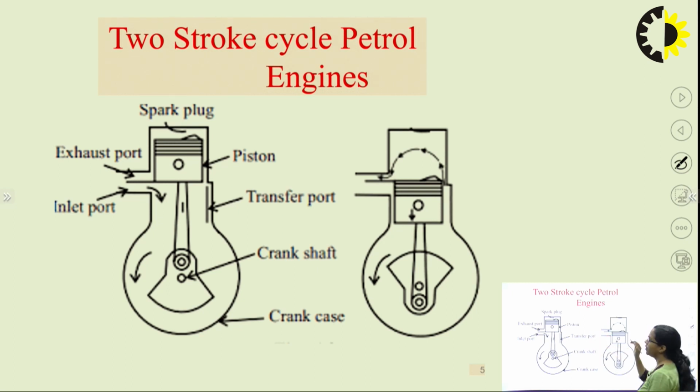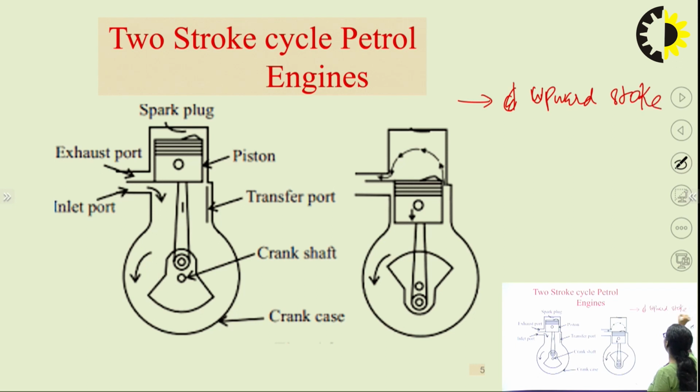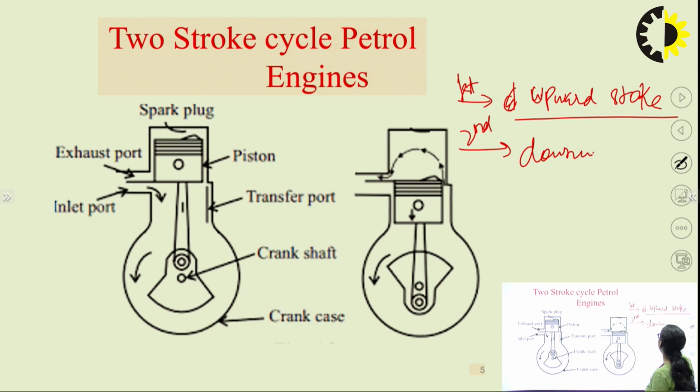No problem. So let's understand how the working of a two-stroke engine is done in this way. Remember, if there are two strokes, one stroke I will call the upstroke. Start with the upward stroke of the piston, just remember this is the first stroke, and the second stroke will be the downward stroke of the piston.